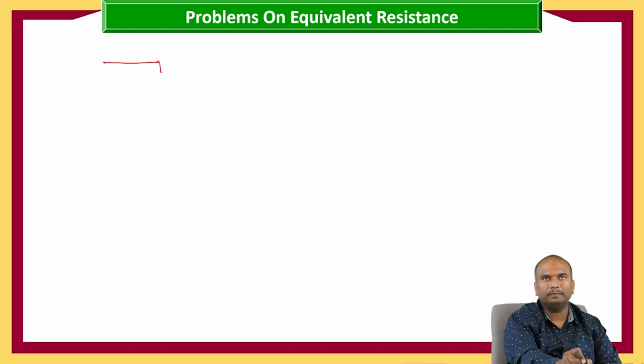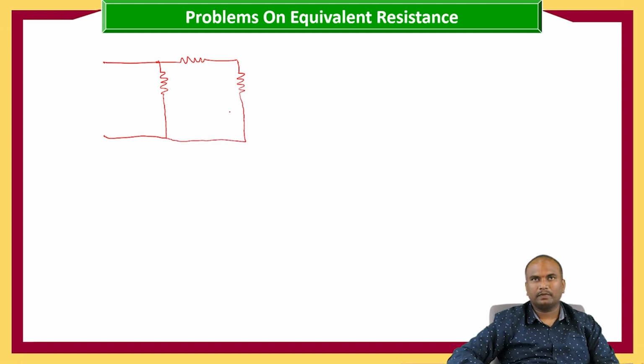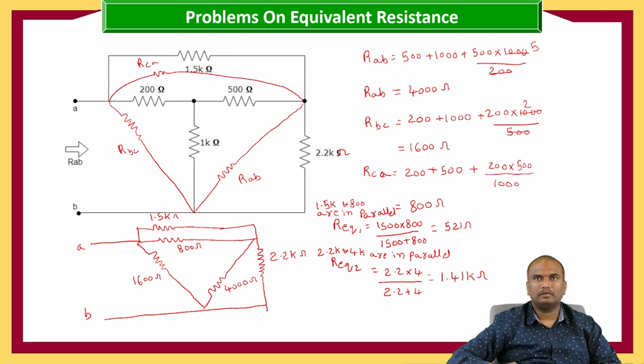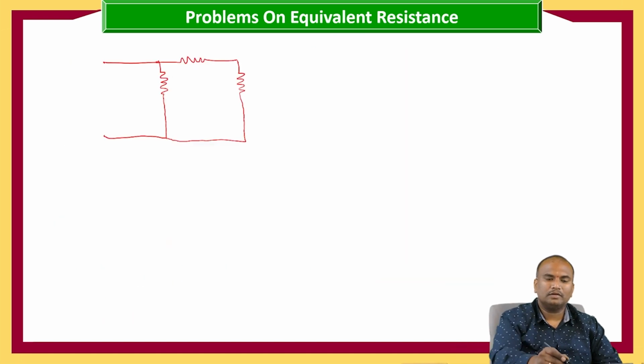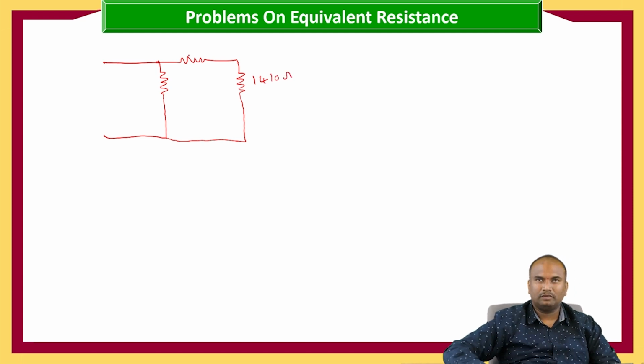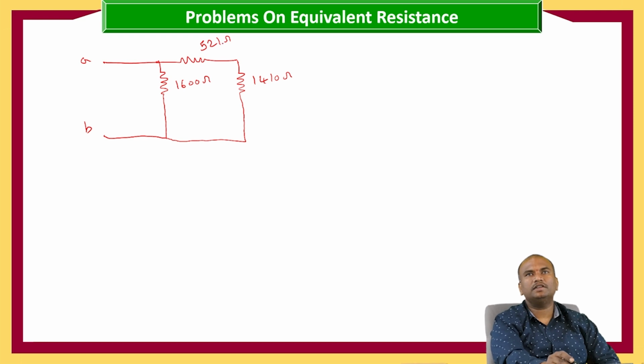Now the circuit will become 1410 ohms, 521 ohms, 1600 ohms, A, B. So here if you see this circuit, this 521 ohms and 1410 ohms are in series.